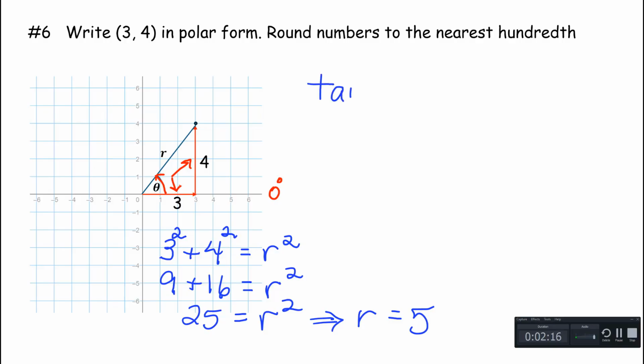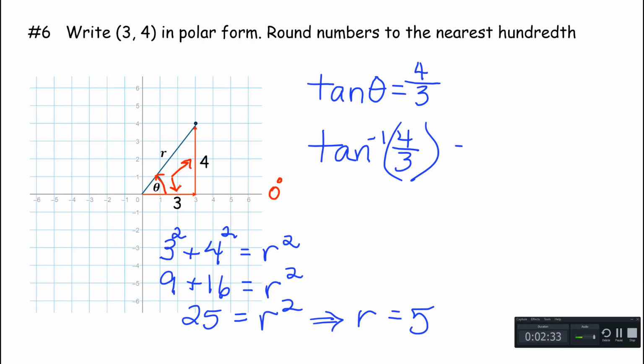So the tangent of theta is 4 over 3, opposite over adjacent. We don't have the angle, and when we don't have the angle, we need to use inverse tangent. So inverse tangent of 4/3 is equal to theta. Now we're going to punch that into the calculator. We're going to hit 4 divided by 3 equals, then we'll hit second function, tangent.